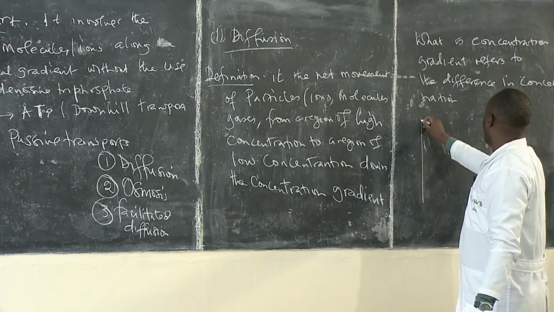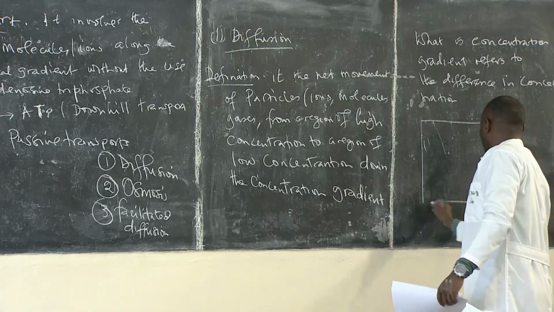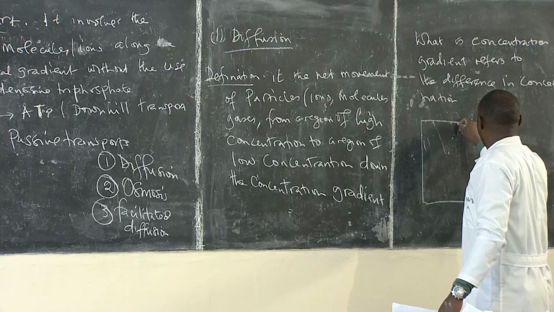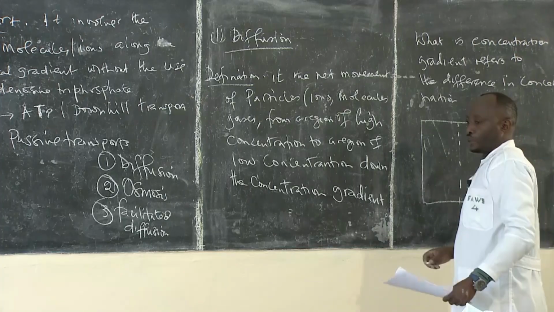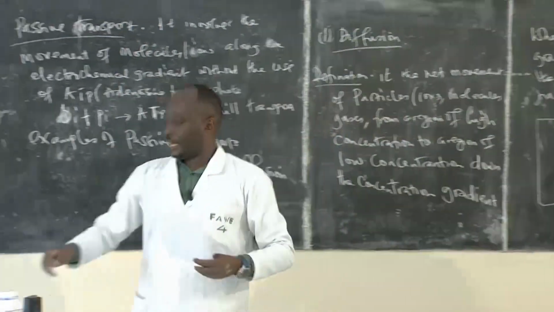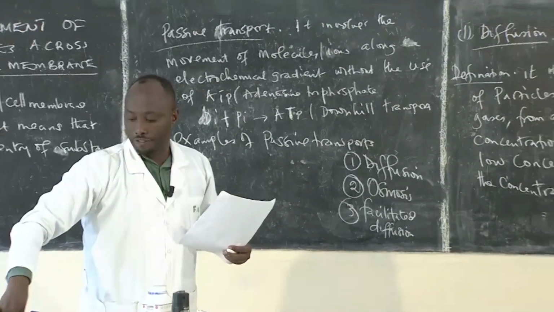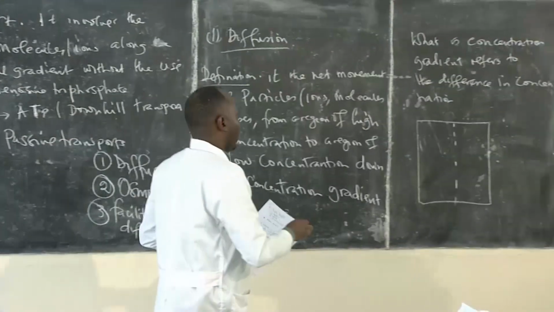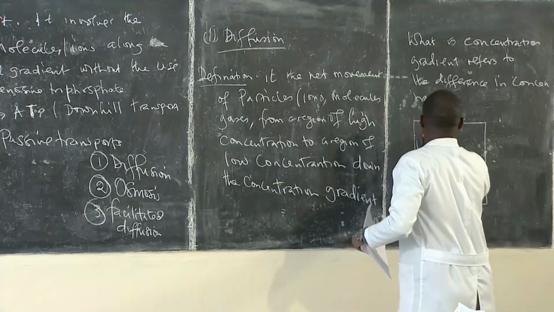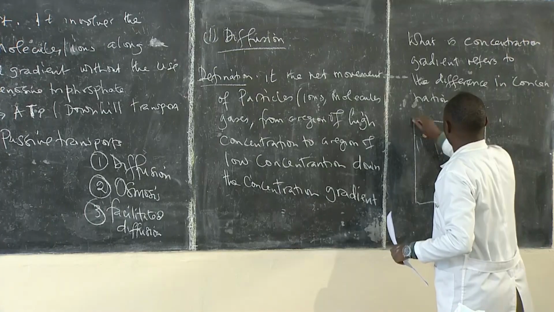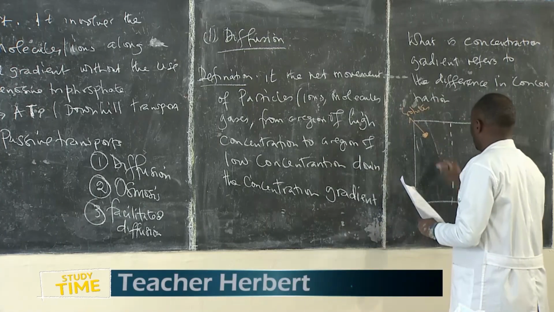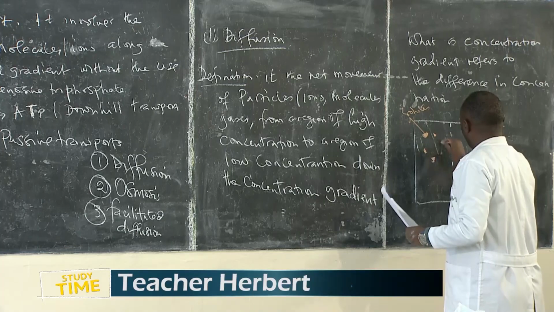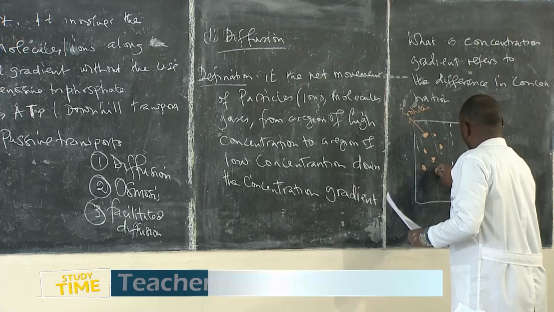I have a box which is selectively permeable. On one side, I have more solutes. This one indicates the solutes. All right? There are more solutes on that region.